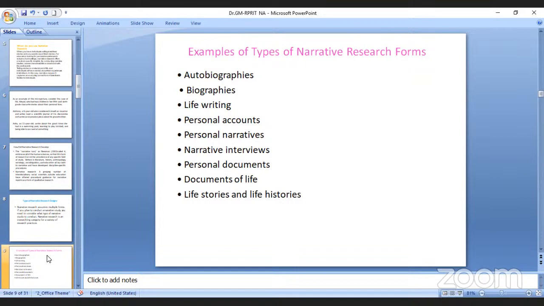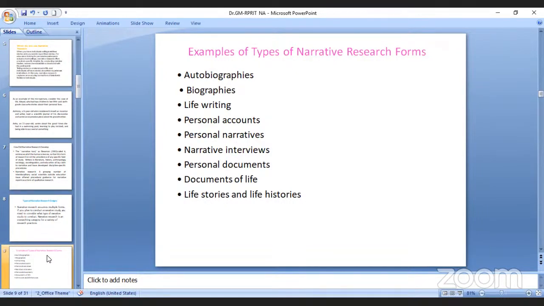Yes. Then life writing: individual life stories, individual life events. Then personal accounts about his personal things. Then personal narratives about his school, college, background, experiences. That is personal narratives. Then narrative interviews.